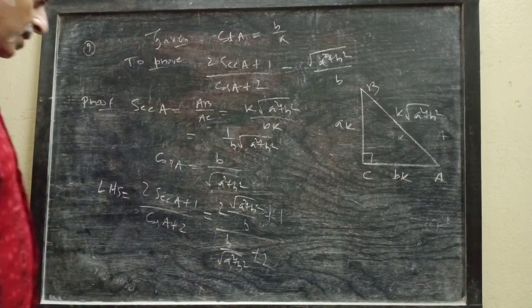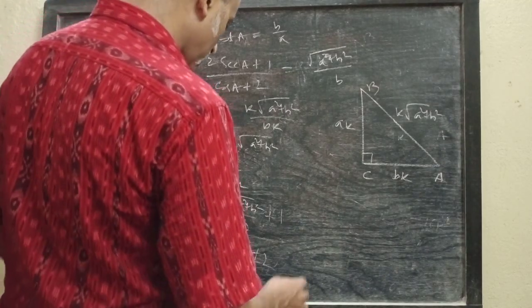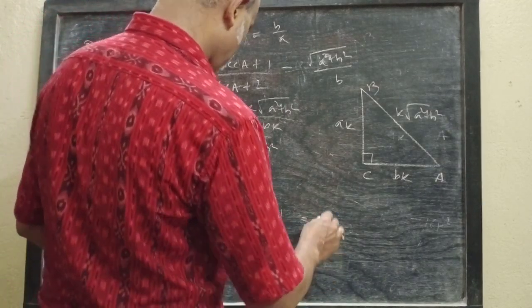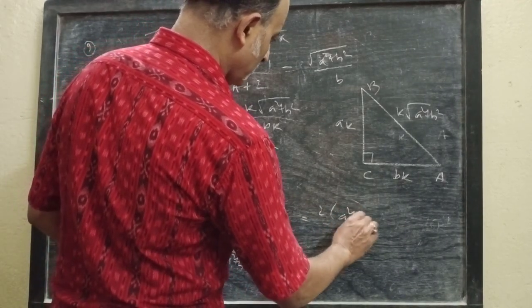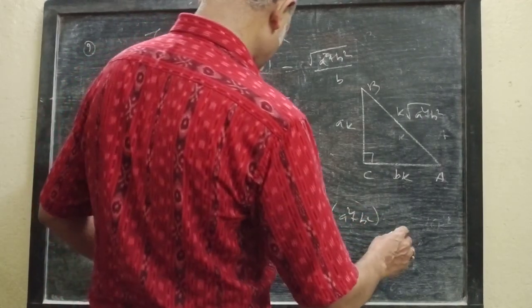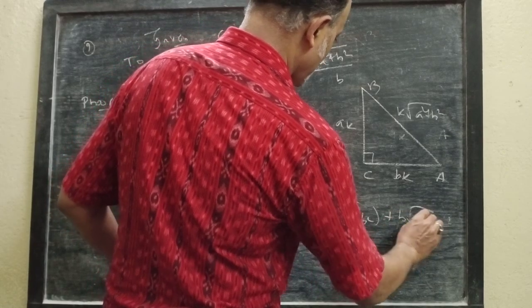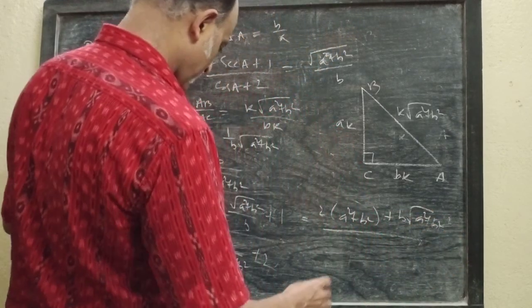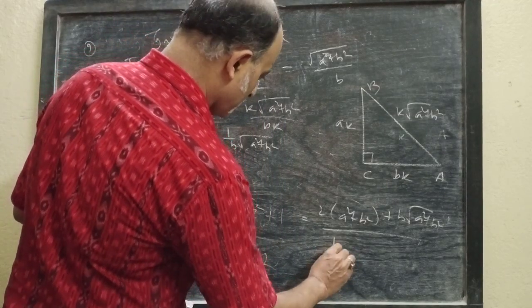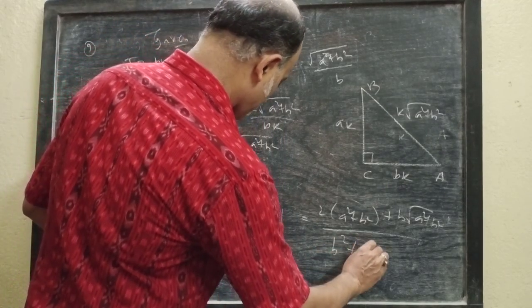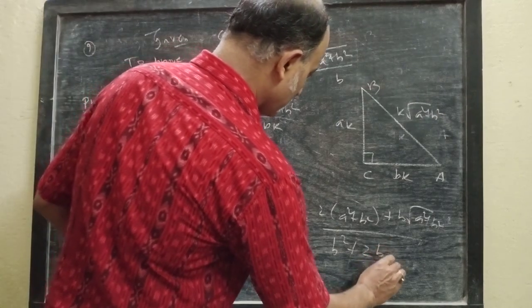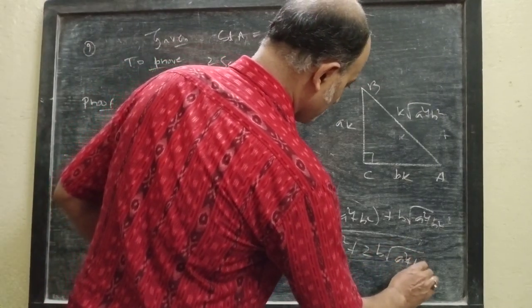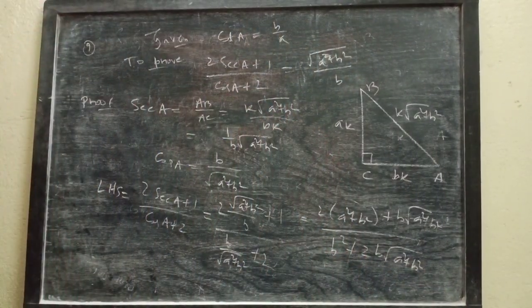Now multiply numerator and denominator by b into root over of this. So this will be 2 into a square plus b square plus b into root over of a square plus b square, by b square plus 2b root over of a square plus b square.